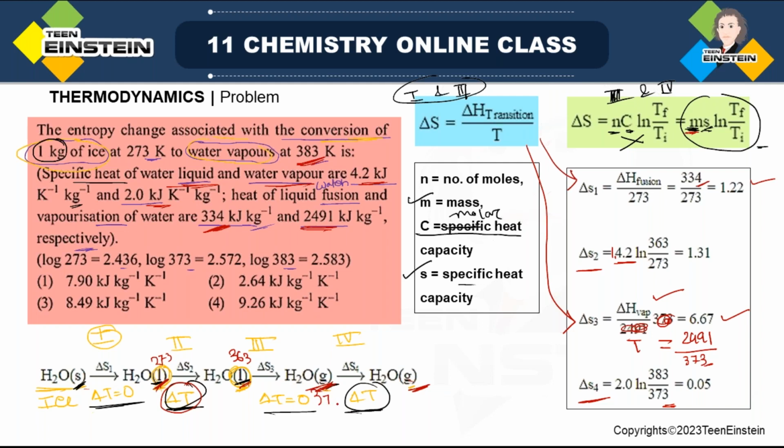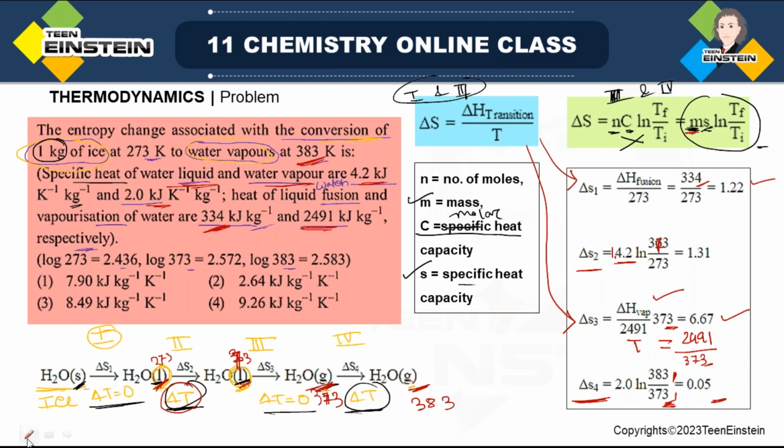This is also 373. That is initial temperature. 373 temperature is fixed, and this is 383. So final temperature, this is initial temperature for the last step, and this is 0.05.